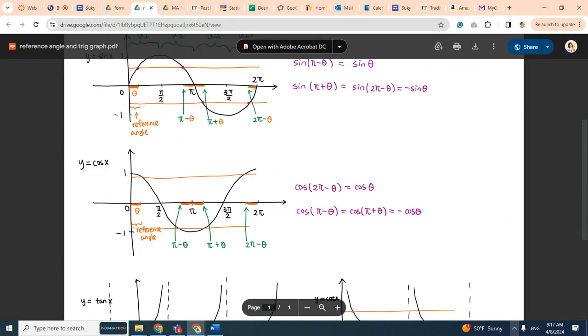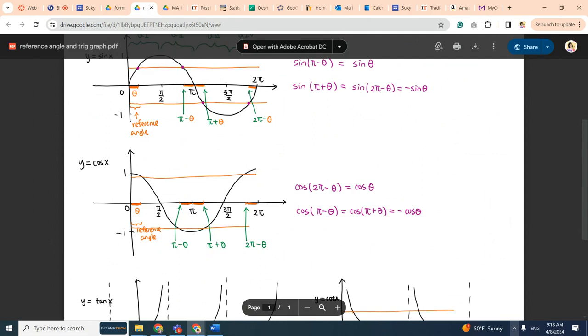Remember our reference angle? Theta is in the first quadrant. This is the positive number, and this is the negative number, right? And then the negative number will correspond to this angle, which is pi minus theta. And this angle is pi plus theta.